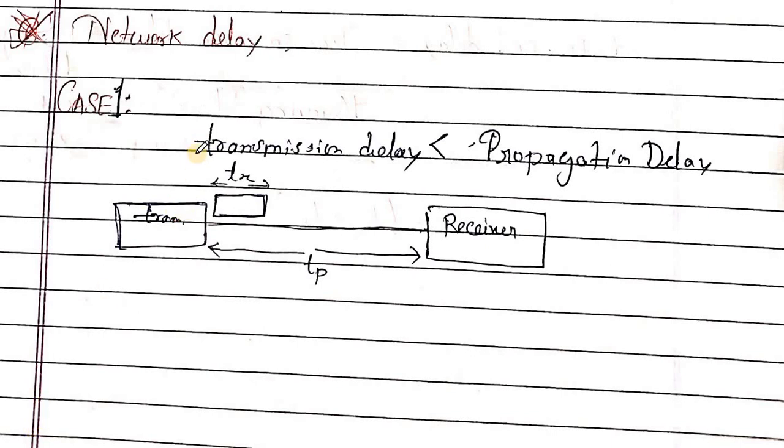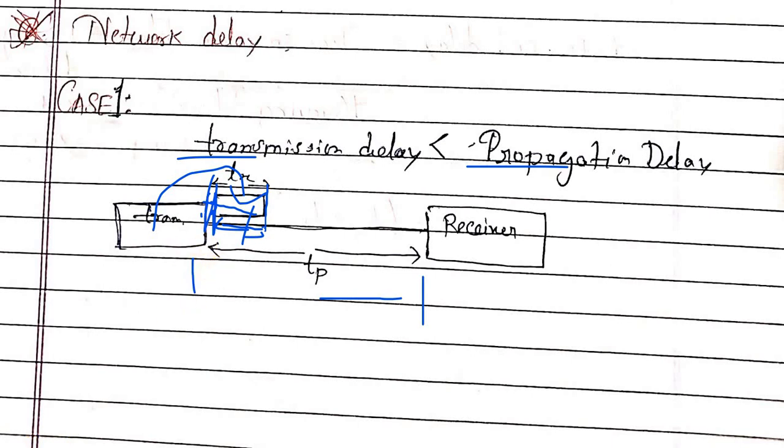Consider a frame from its first bit to its very last bit. The time required for the transmitter to put this frame into the channel is called the transmission delay. If the transmission delay is less than the propagation delay, this diagram applies: the first bit travels toward the receiver while the last bit is still being put into the channel.